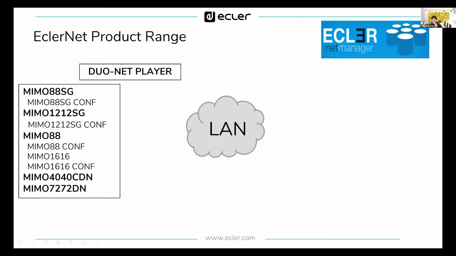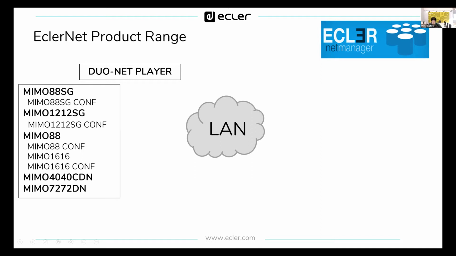The other ones that are not in bold font are just firmwares. In the case of this one, it is just a firmware upgrade. You can download it in the software with the firmwares, and you will find 2 firmwares for MIMO88SG, the regular one and the conference one. So if you want a MIMO88SG conference, you just have to load the corresponding firmware, and you will get the conference version.